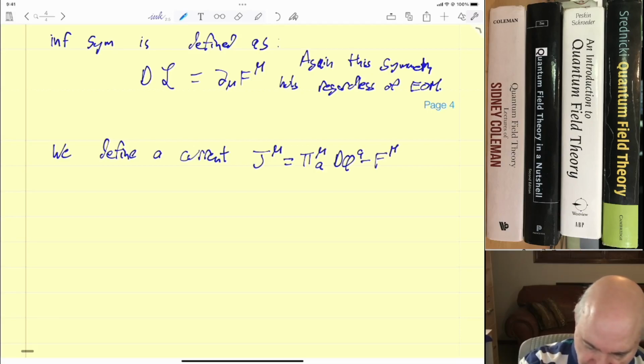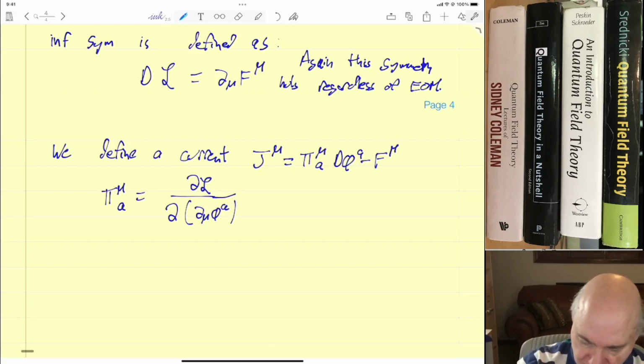Now, remember from our previous lectures, or at least Coleman, pi^mu_A is defined as the partial of the Lagrangian with respect to the partial of mu of phi_A. So this is all in relativistic notation. For mu equals 0, that would be just the canonical momentum.